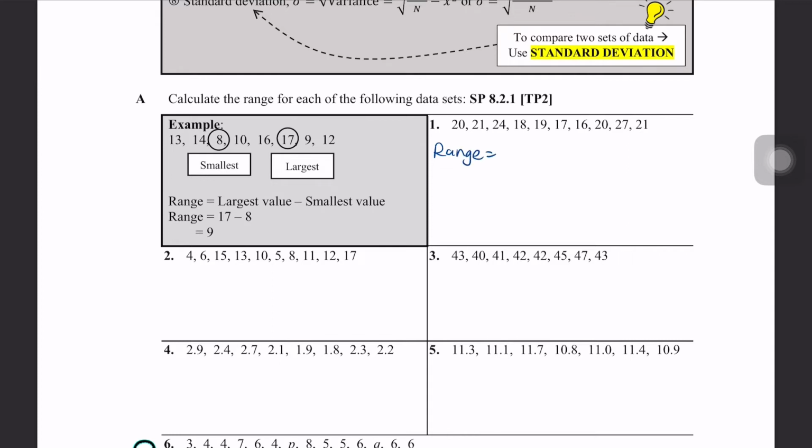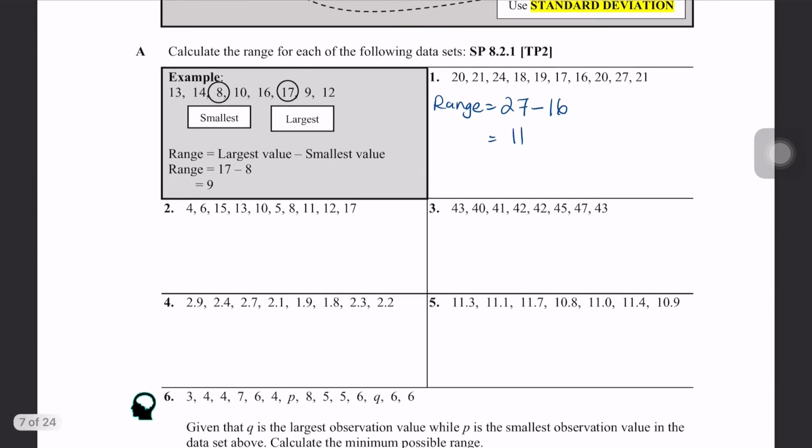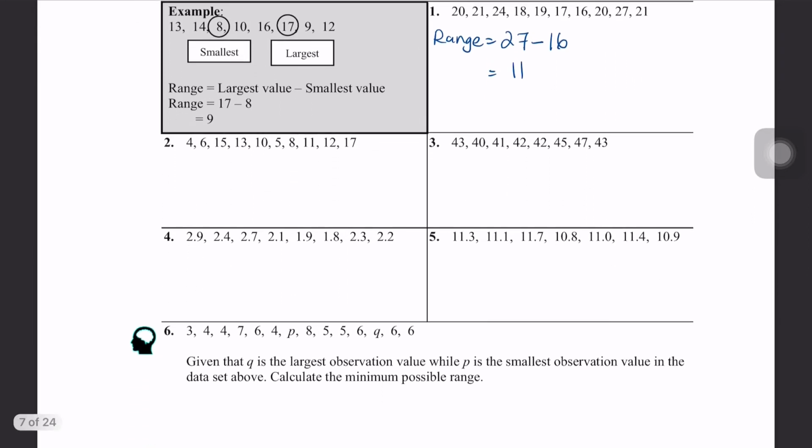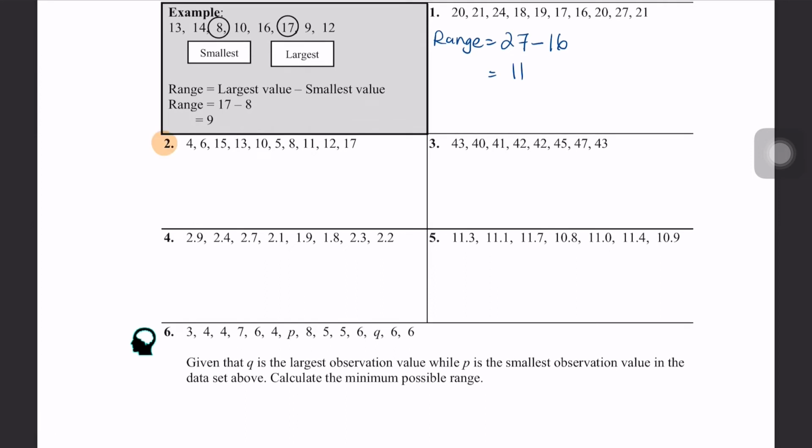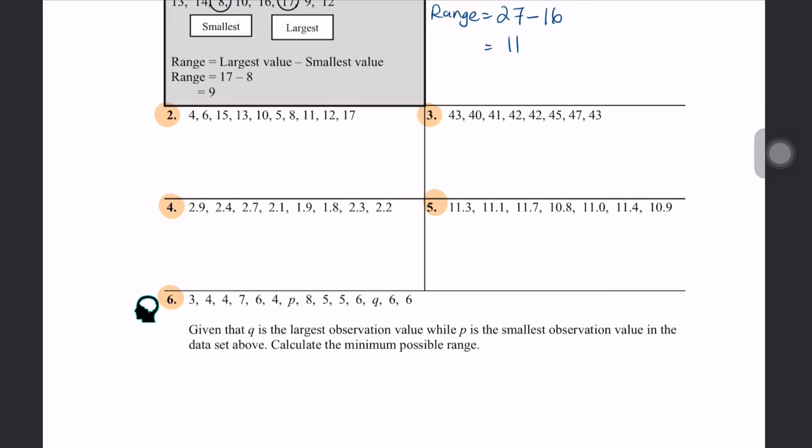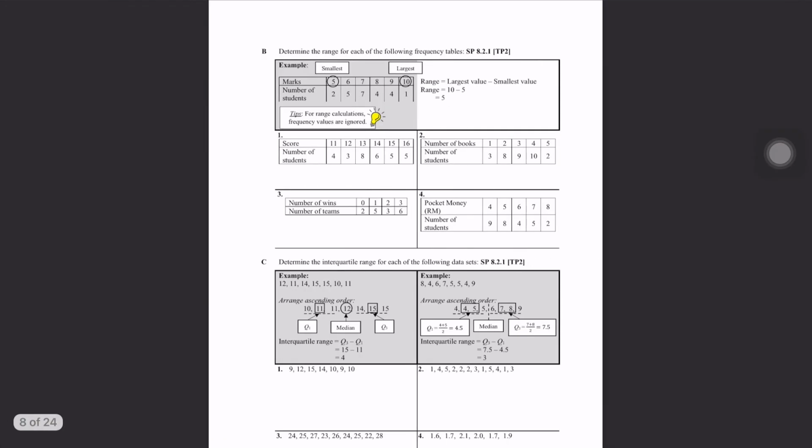So which is the largest value? Largest is 27. 27 minus smallest is 16. So the range of this data is 11. Okay, so I want you to try yourself number 2, 3, 4, 5 and 6. Senang je, tak susah.